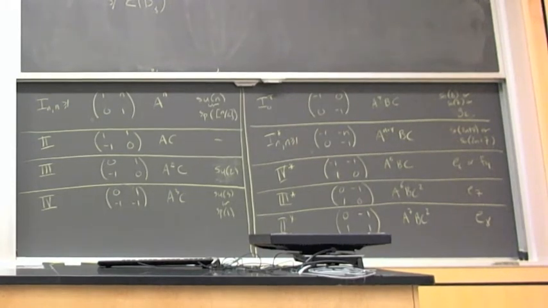In fact, if you have a parabolic element, there's an associated boundary point of the upper half plane. You classify the upper half plane as having an ideal boundary consisting of all rational points on the real line together with infinity, and there's a fixed point for the extended group action on that ideal boundary. So there's one of these conjugacy classes for every rational number, up to plus or minus 1.